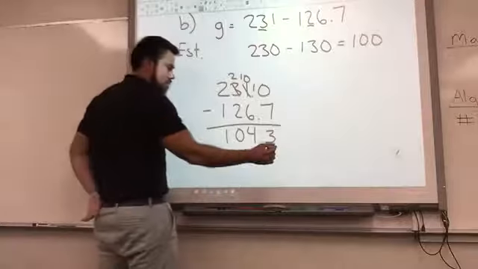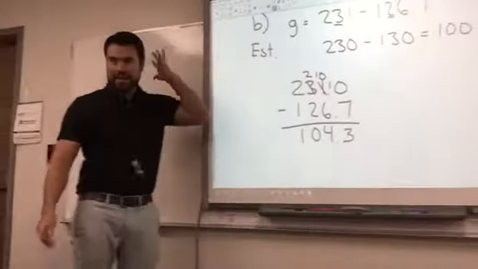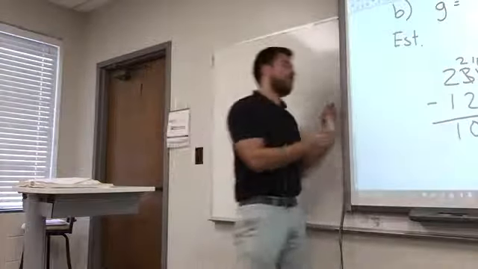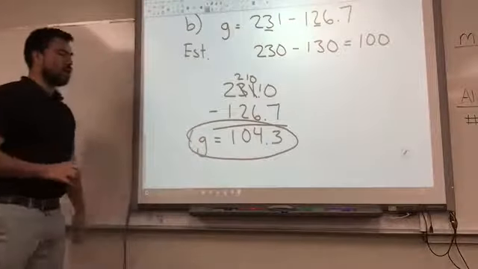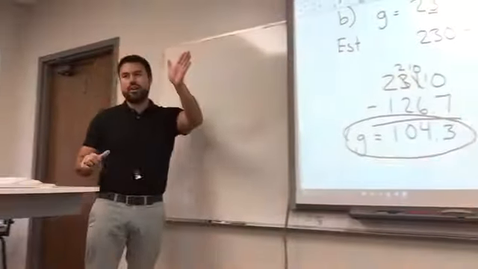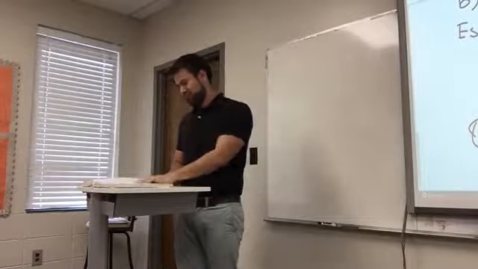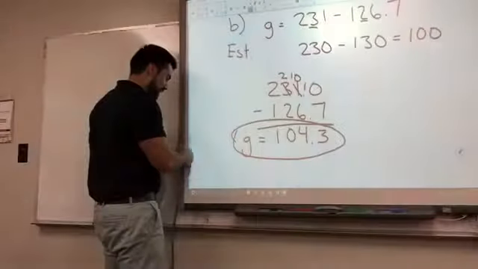Right in front of the 3. Yeah, and we would say between the 4 and the 3. So that's my answer. Yes. No. What? G. Oh, yes. It's solving an equation. G equals 104.3. Is that pretty close to 100? Does my answer make sense? Probably, yes.